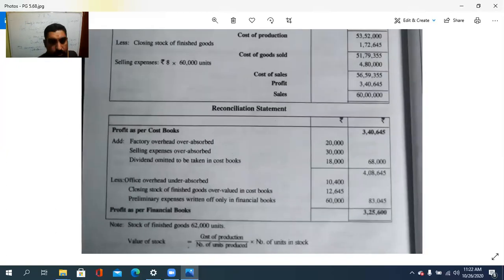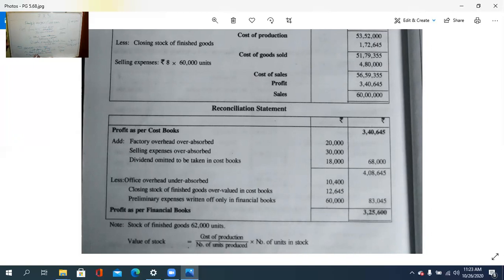So closing stock of finished goods is overvalued in cost books. How much is it? 1,72,645 minus 1,60,000. So it is 12,645.